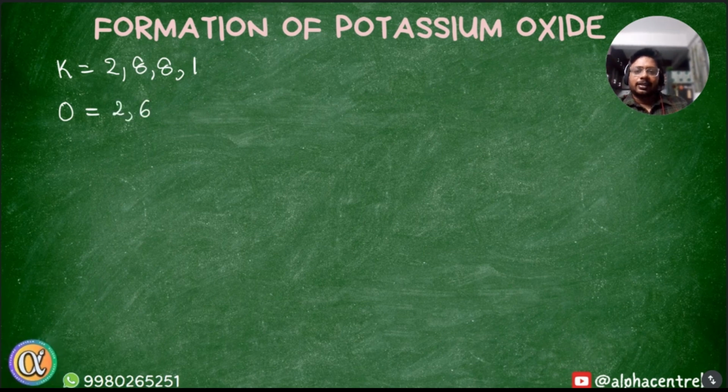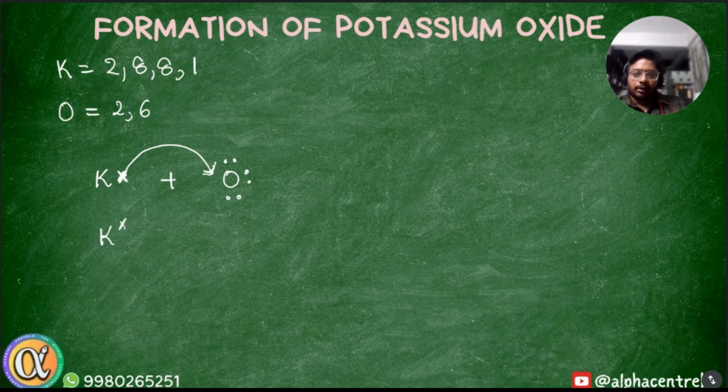So here potassium does what? It has 1 valence electron, and oxygen has 6 valence electrons. So potassium gives 1, and we need 1 more potassium, because 1 potassium is not sufficient. So this also gives 1, and therefore potassium gets a positive charge.